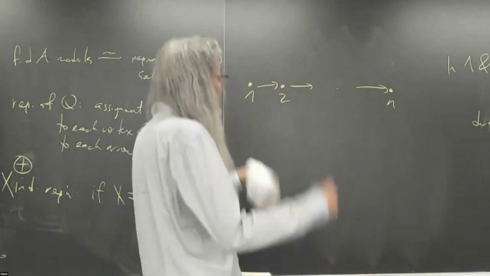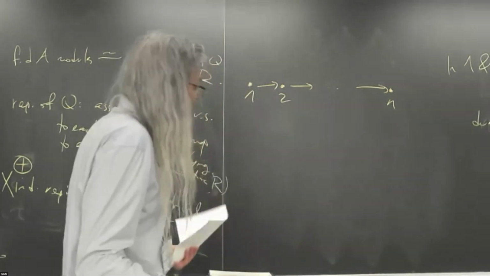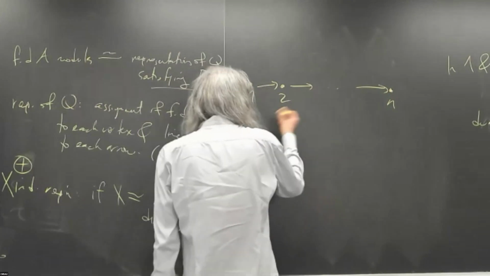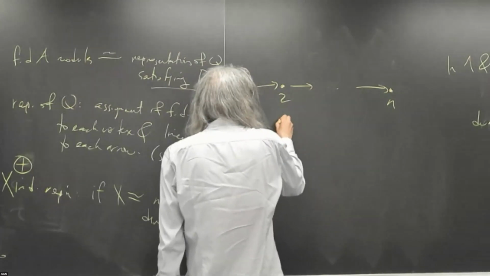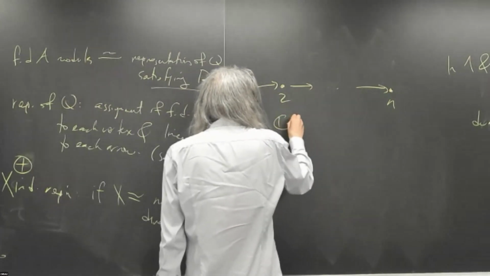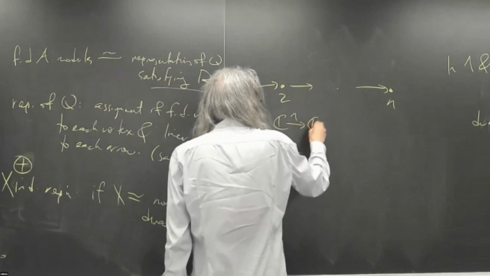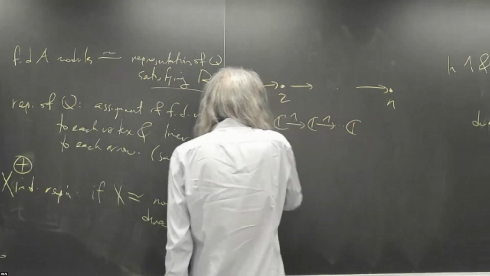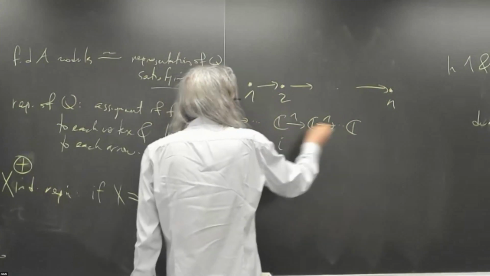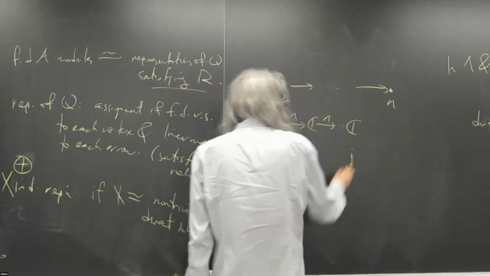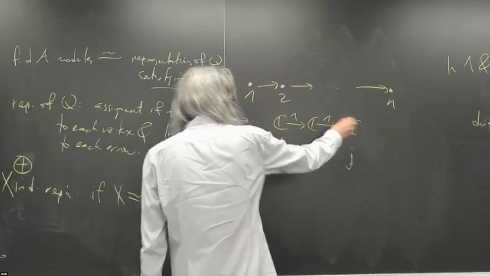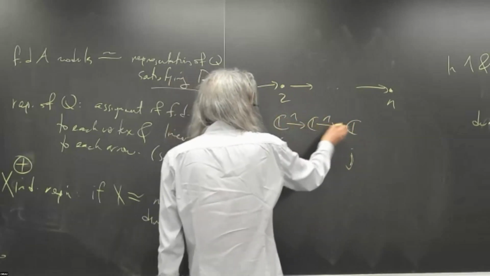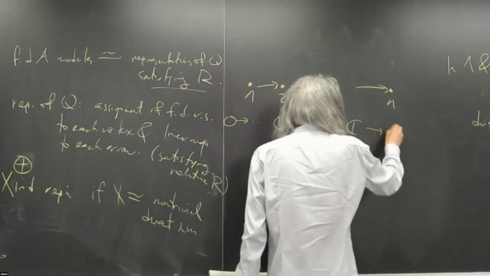An indecomposable representation of this quiver, it's pretty easy to convince yourself that if I choose some substring starting at some vertex i, going to some vertex j, I put down a copy of C at each vertex between i and j.